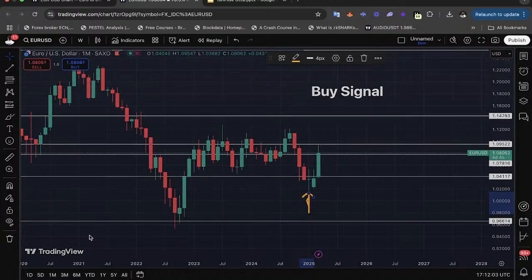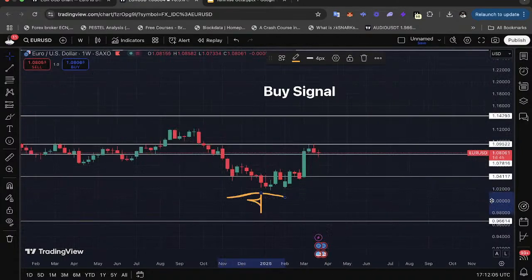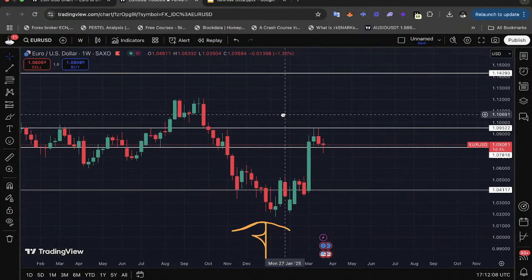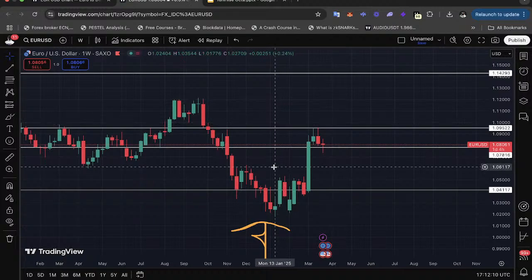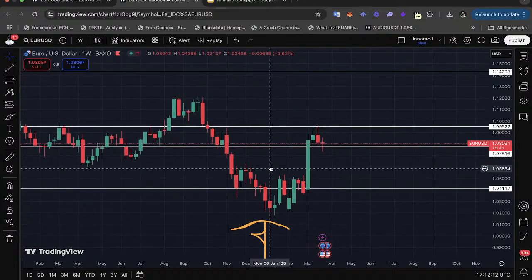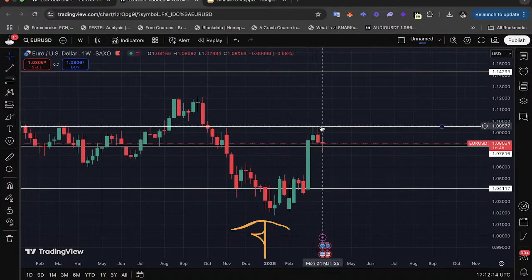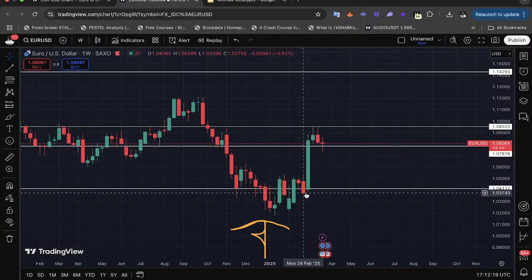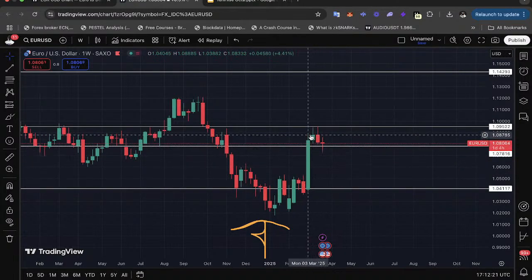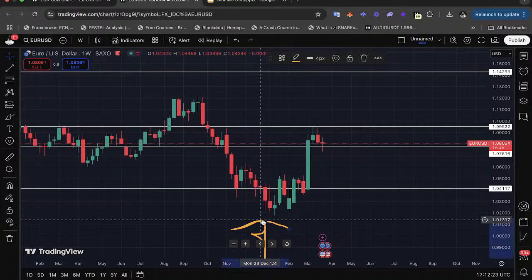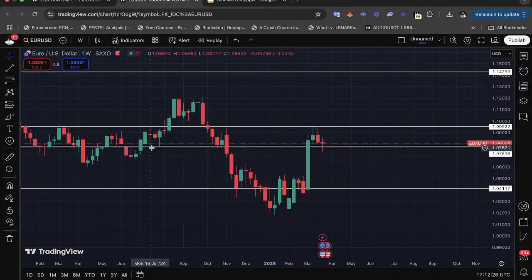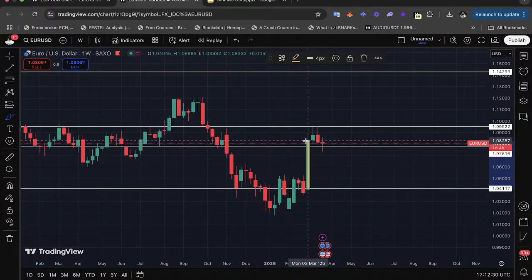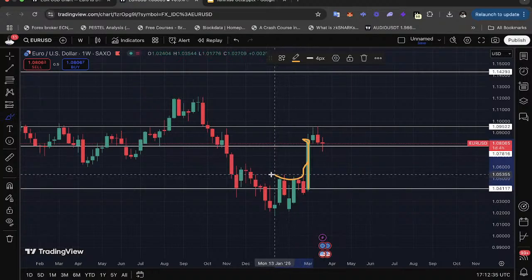So let's go down to the 1 week time frame. For those who attended our session last week Thursday, I mentioned that the market is currently retesting this zone because there has been a breakout of this level. One of the things I talked about is how this price closed far above these other prices.